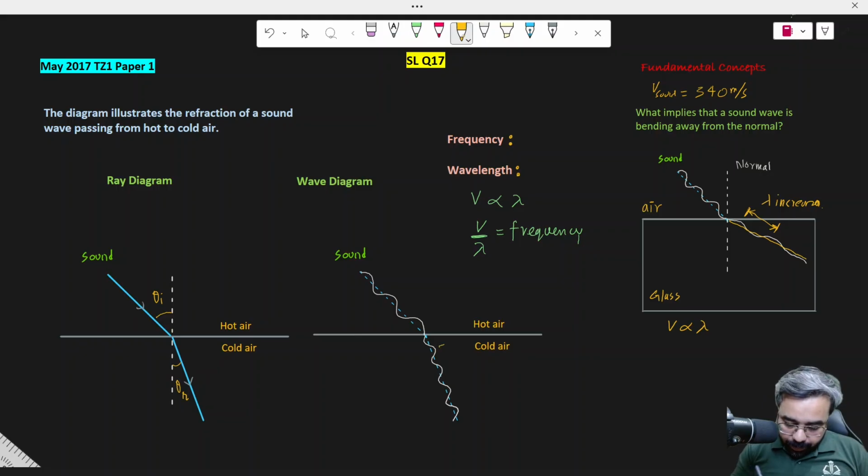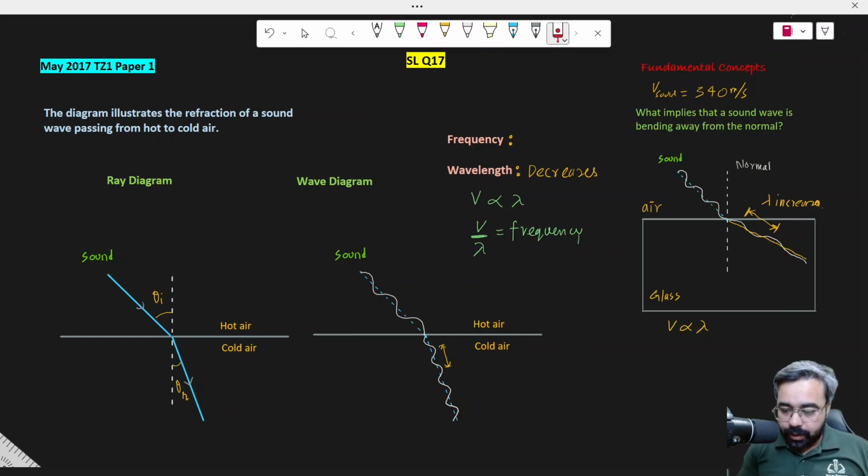Because its speed has decreased. Do you notice the wavelength has decreased? So the wavelength decreases. And why does the wavelength decrease? Because it bends towards the normal. And why did the wavelength increase in the practical example? Because it bends away from the normal.